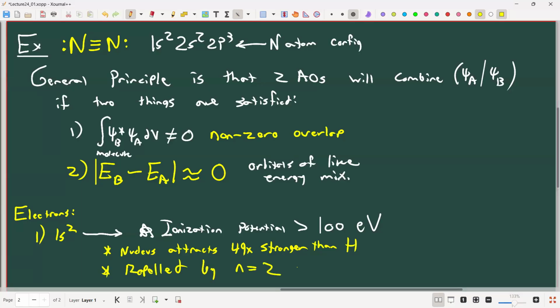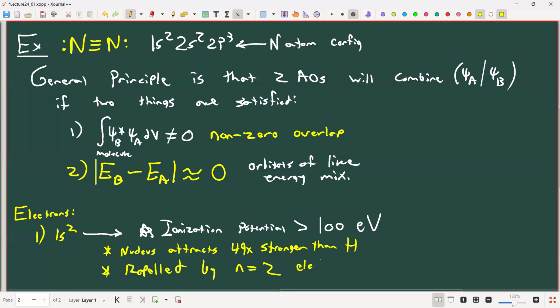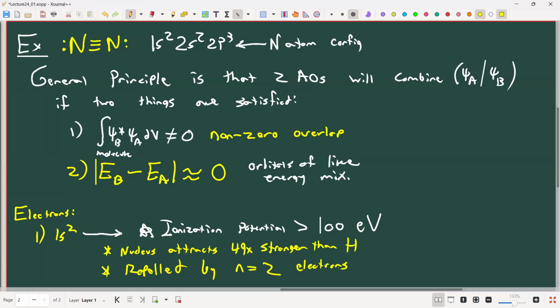So there's a core of electrons, there's a valence of electrons above it in some sense in the higher shell that's also repelling it. Okay. So what that means is we just have to see where the 2s electrons are. And maybe we don't even have to worry about the 1s's, they're just going to be on their own.